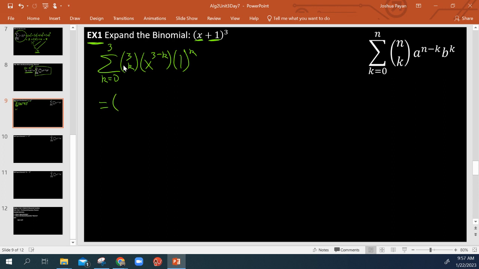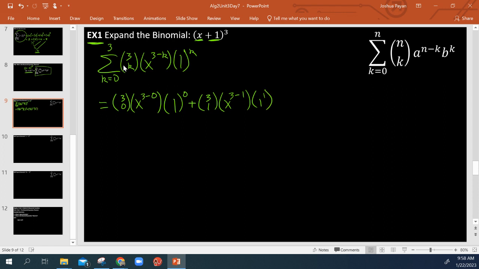So we've got 3 choose 0 times x to the 3 minus 0 times 1 to the 0. And we're going to add that to 3 choose 1 times x to the 3 minus 1 times 1 to the first power, which we know is just going to be 1.